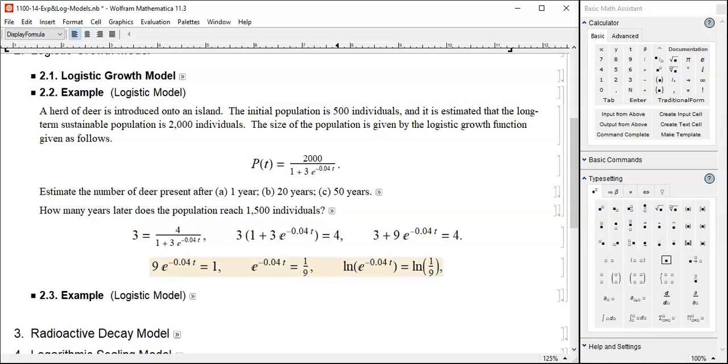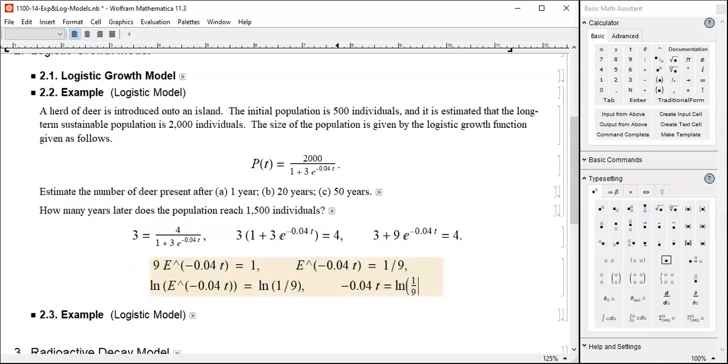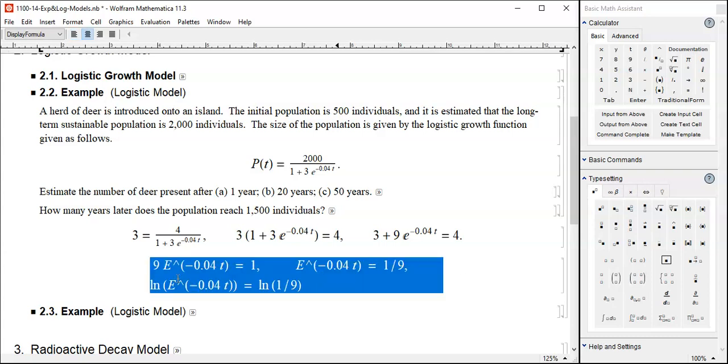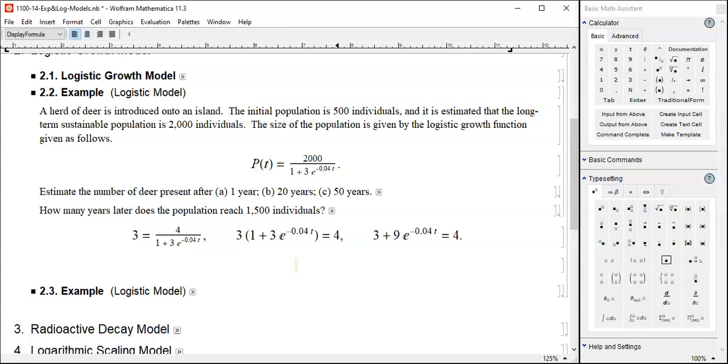Let me write one more time. I lost all my font. Let's rewrite it.